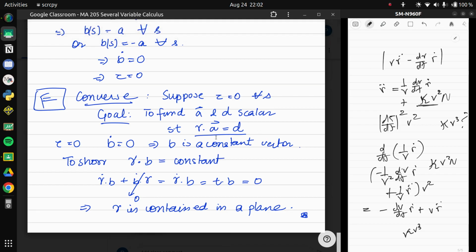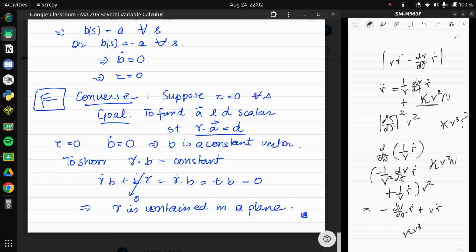So you have tau equal to 0, that implies b dot equal to 0, which means b is a constant vector. What is this stuff? Is this gamma or what? I'm just going to use it as a gamma thing. So gamma dot b is constant.